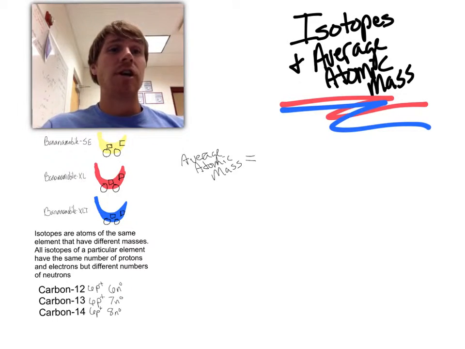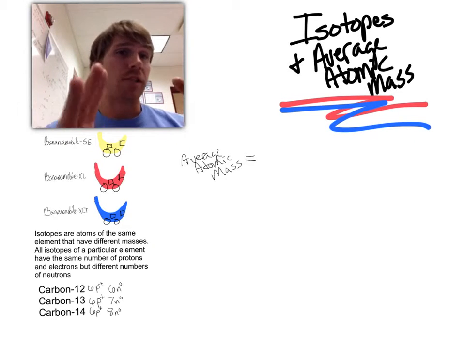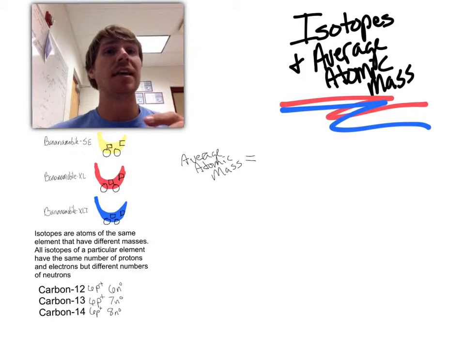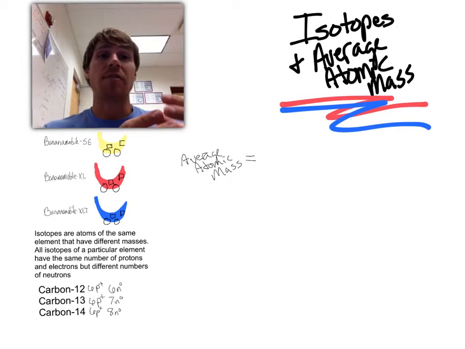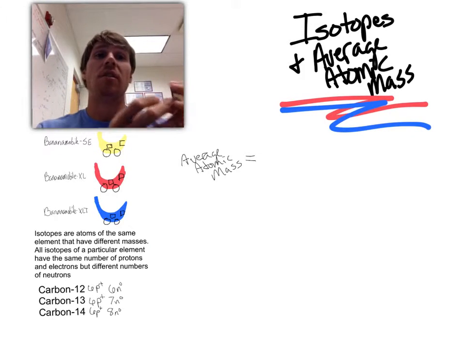The average atomic mass is the weighted average of the atomic masses of the naturally occurring isotopes of an element. Now, that's a big jumble. Basically what it means is, just like with weighted grades, if you have more of a certain isotope, then the overall weight is going to be closer to that amount.